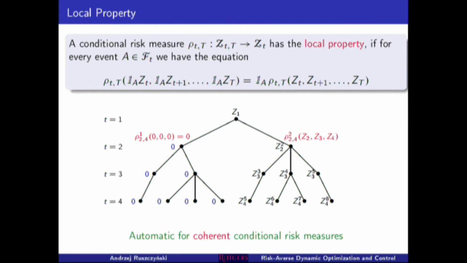Now, the other very important property of dynamic risk measures is the so-called local property. Okay, so mathematically, the local property can be formulated as follows.